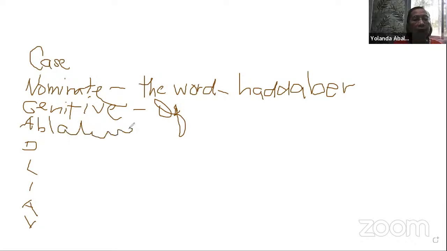Ablative case. Sinsya na kayo. Ang ablative natin ay gumagamit ng equivalent preposition from.